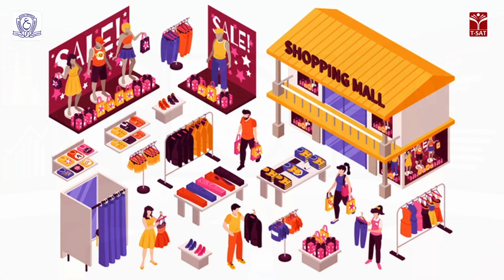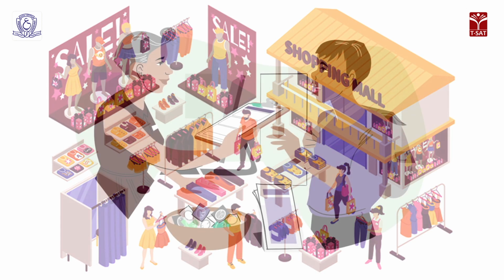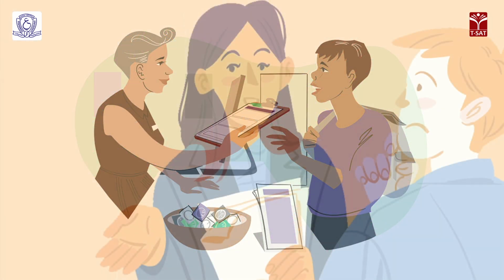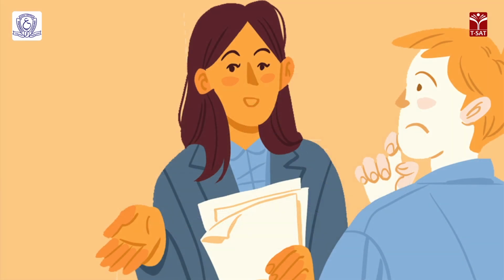Or a researcher could go to a shopping mall to ask people about their attitudes towards the environment and their shopping habits, and then assess the relationship between these two variables. Both of these studies would be correlational because no independent variable is manipulated.